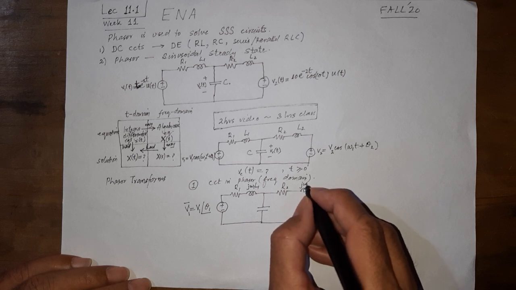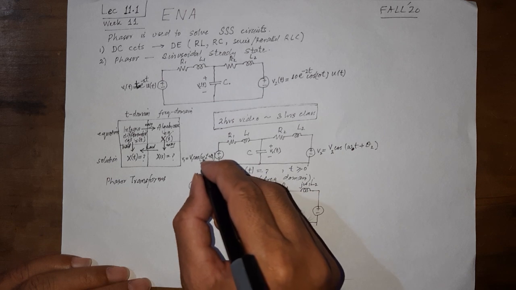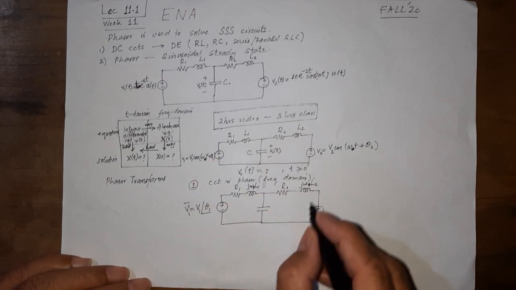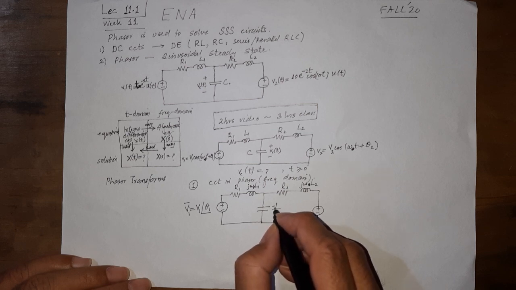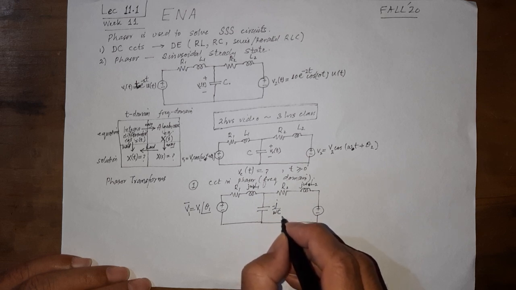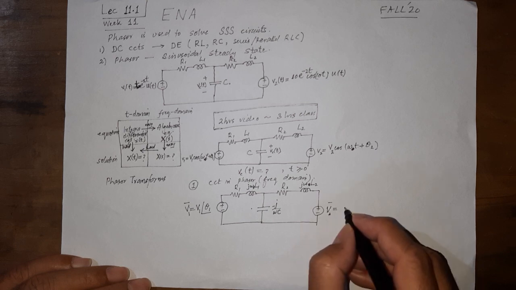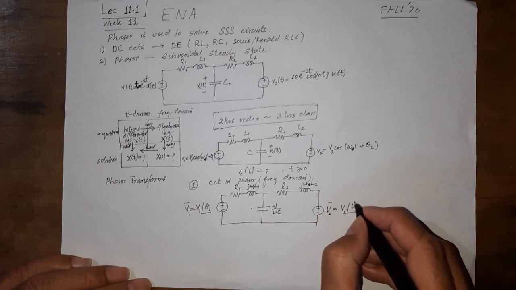This converts to j omega 1 L2. Let us call this omega instead of calling it omega 1. So we have omega. C becomes minus j over omega C, and this phasor V2 will become equal to V2 because the frequency is same.